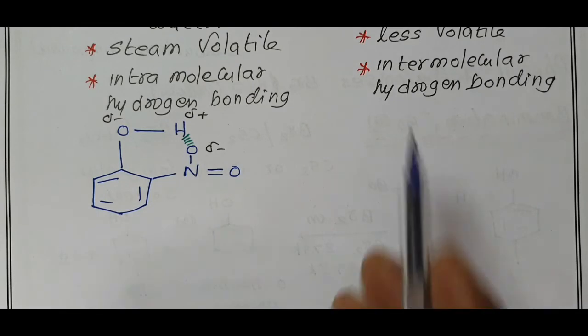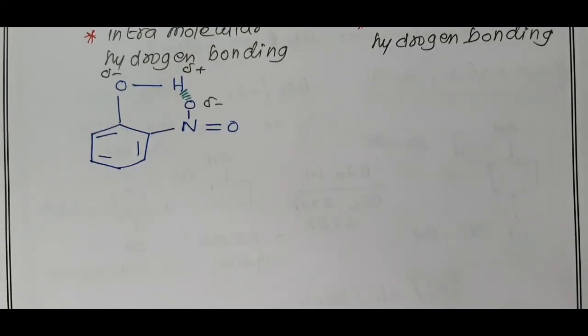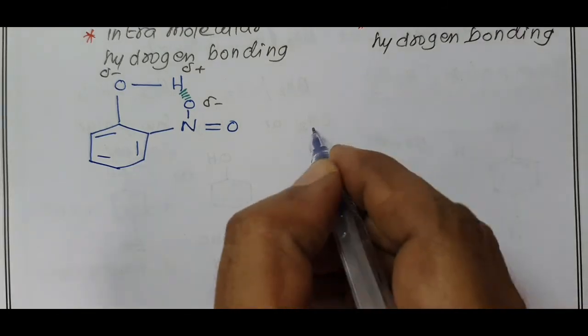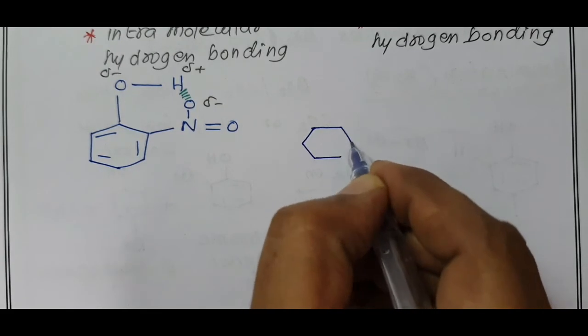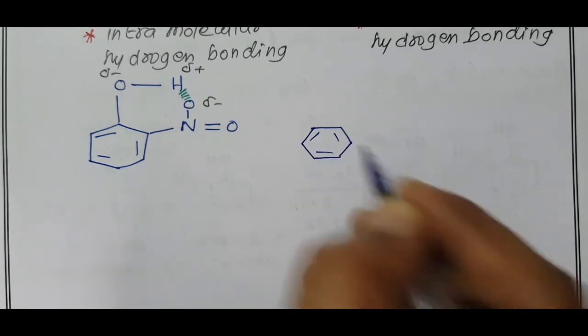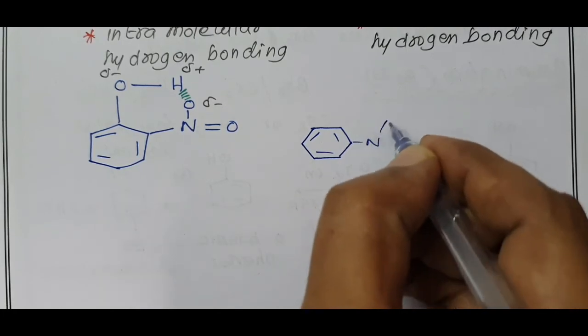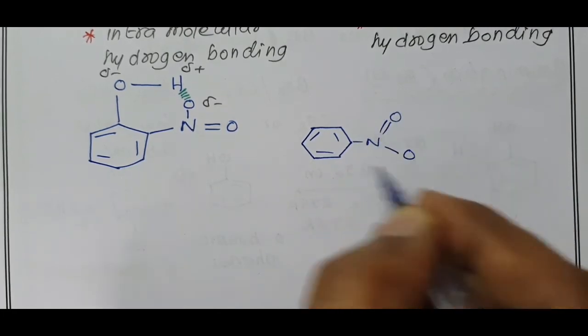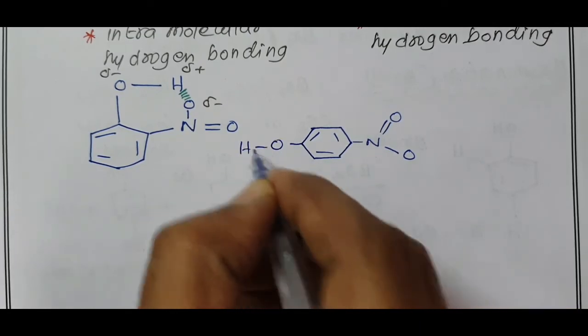What is intermolecular hydrogen bonding? In para-nitrophenol, intermolecular hydrogen bonding. In para, the OH and the NO2 are on opposite carbon atoms. This is your para-nitrophenol, C6H4, NO2, nitrogen double bond O, one O. On the opposite carbon atom, you have one OH group.